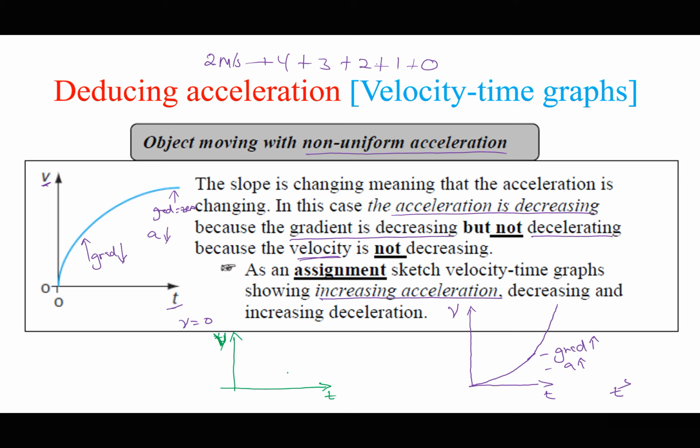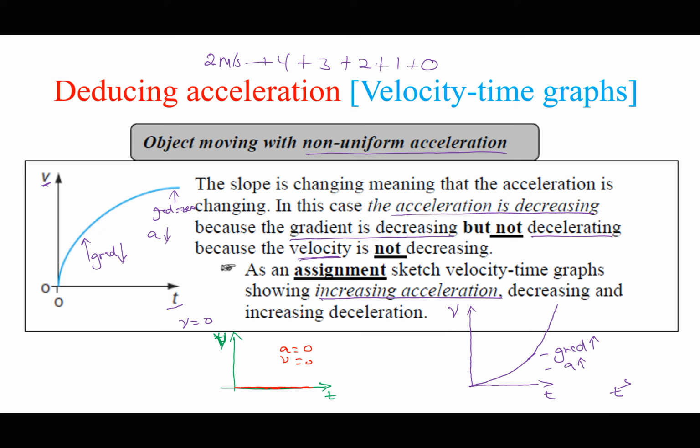If the object is stationary, velocity is 0, so in that case, the line should be along the horizontal axis. First of all, here the acceleration will be 0 because the velocity is also 0. The line is horizontal and is along the x-axis.